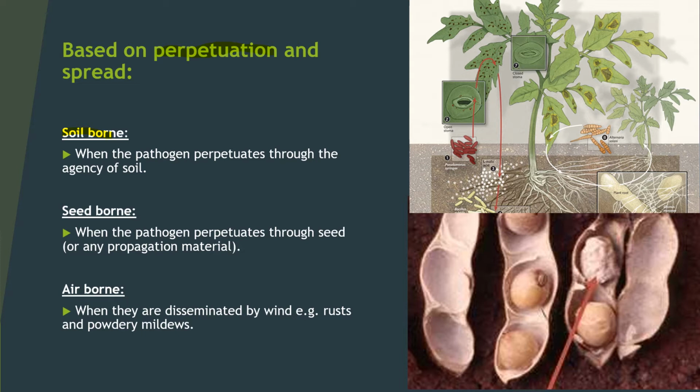Soil-borne means that the pathogen is present in the soil, and when conditions become favorable, it can infect the root, or it can go up to the stem and leaves, and cause disease there.